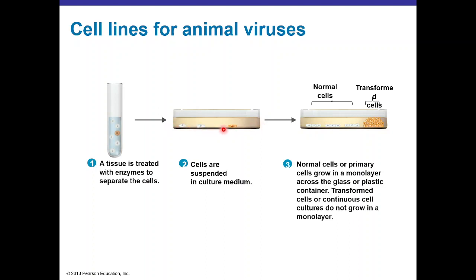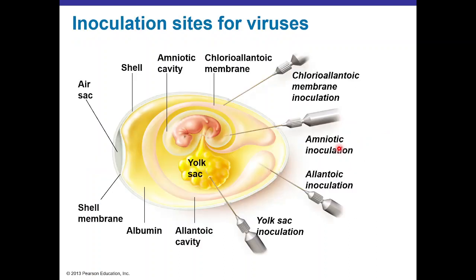And when these cells reach the bottom of the container, they start growing, and then they form these groups of cells that can be either transformed cells derived from tumor cells, like HeLa cells, which are derived from cervical cancer, or cells that are normal, not transformed. And then you put your sample of virus in here, and you study what is going on, if the virus causes some damage to these cells.